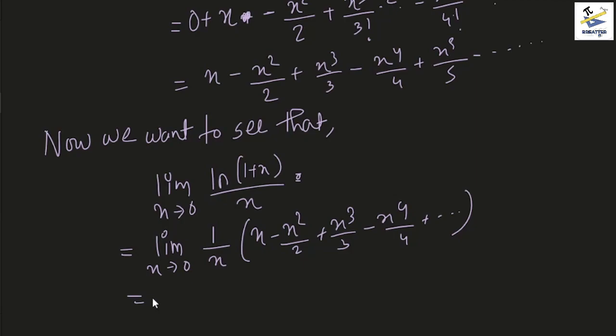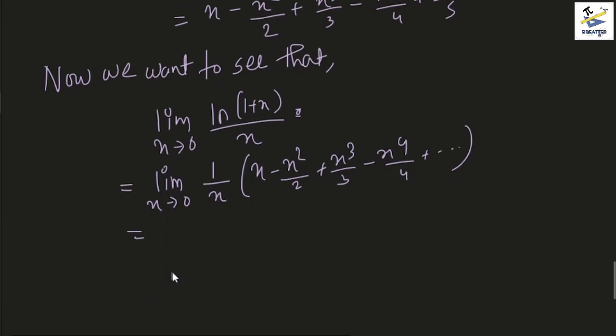Since x tends to 0 means x is not equal to 0, we can divide by x and find that the answer is 1 minus x by 2 plus x square by 3 minus x cube by 4 and so on, right?